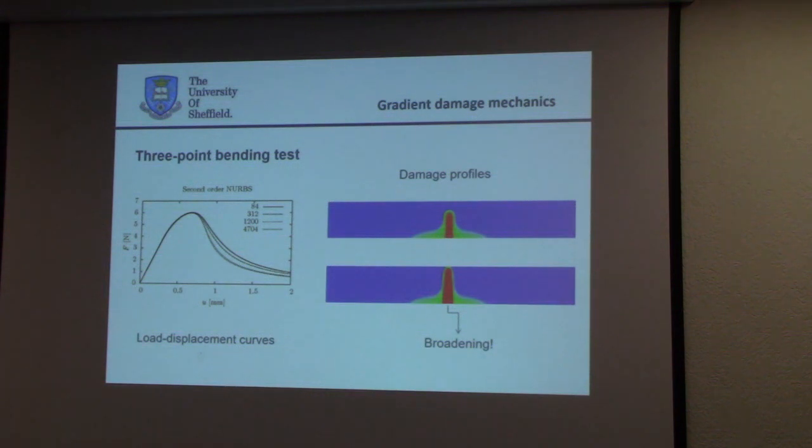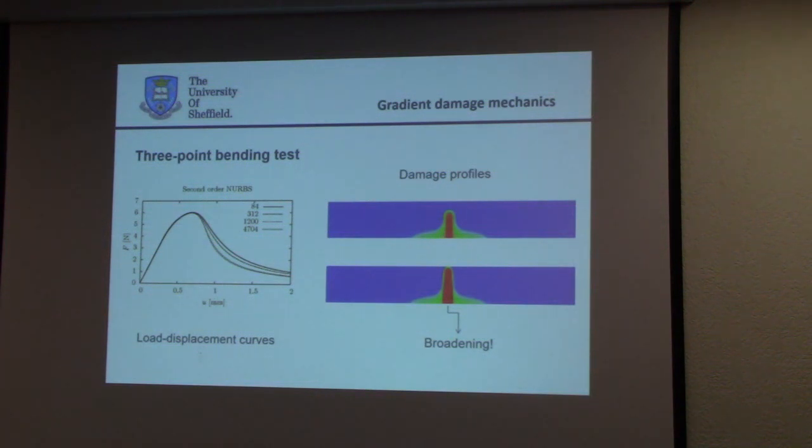There is some issue though, and that is when you look at this 3-point bending test, you see that the damage zone not only propagates, so here you have a 3-point bending, a load here and supports here and here, not only propagates but also broadens. And this is something that is not really physical, and we will come back to how to solve that later.